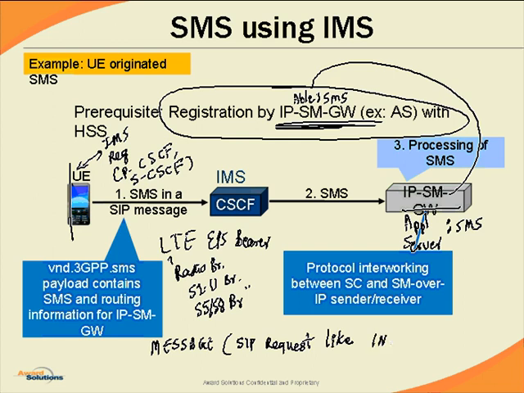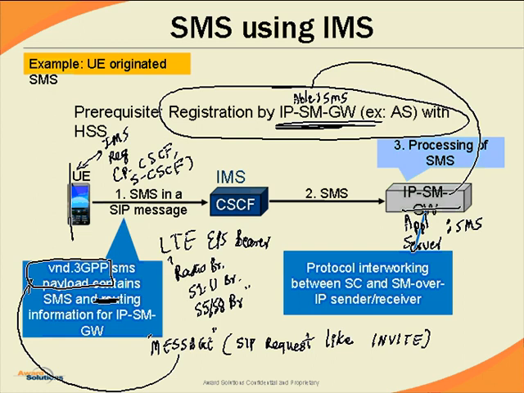Just like we have the INVITE SIP request, we have the so-called MESSAGE request, and inside that we will have some fields. There is a so-called vnd.3gpp.sms, and inside that payload we have the actual SMS present.